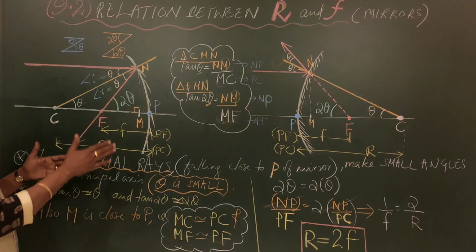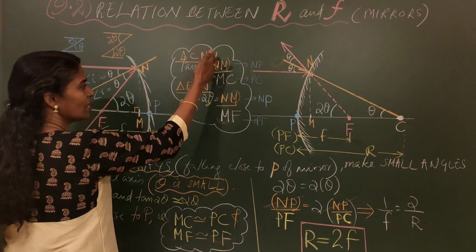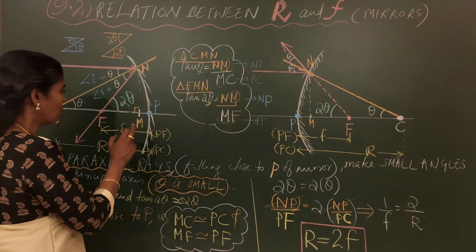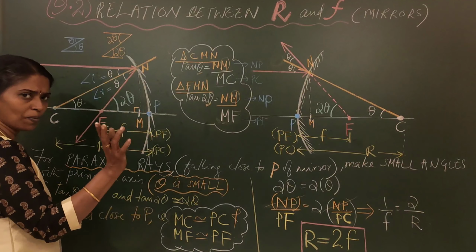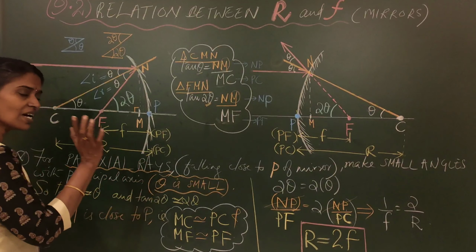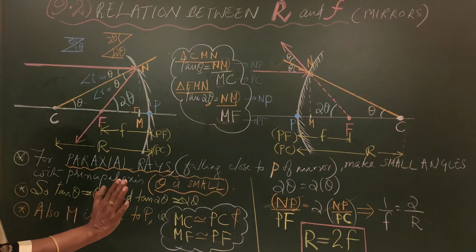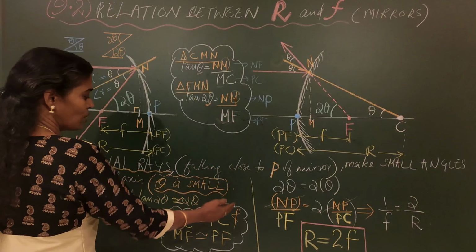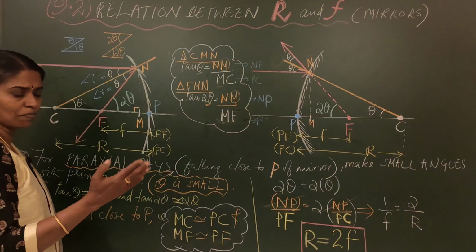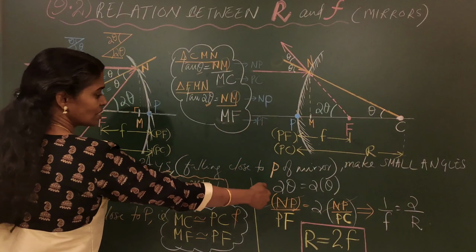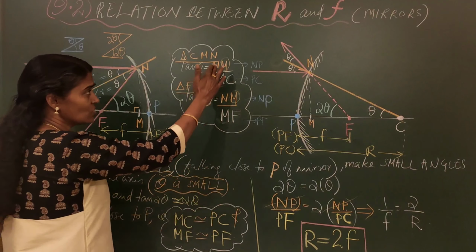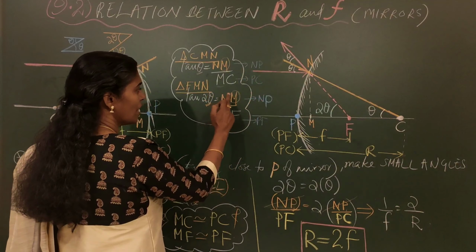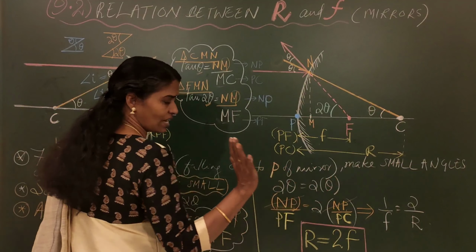So we'll come back. We have made all the M's as P. All the M's can be replaced by P. What's the condition? For theta small. Clear? Now, M is close to P, so wherever M is, you can use it as PC and PF. The other values are cancelling. So instead of NM, you have NP, NM, NP. NP, NP cancels.